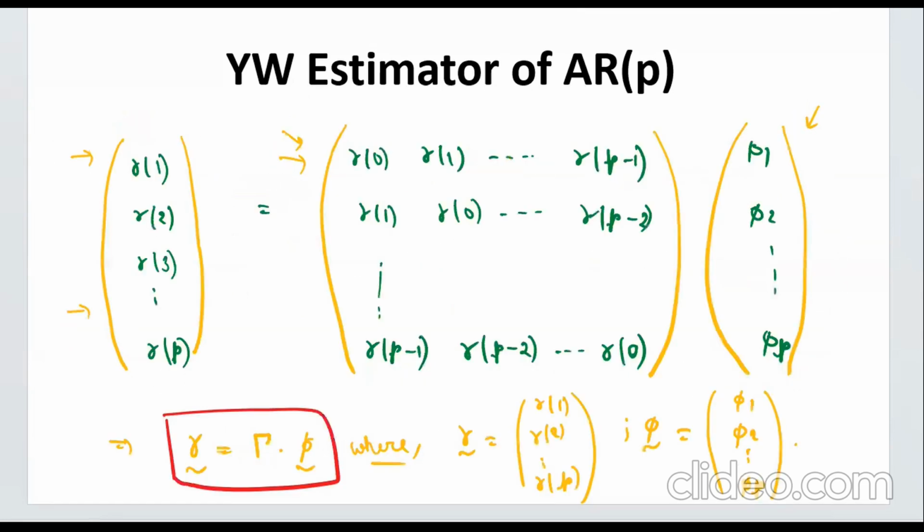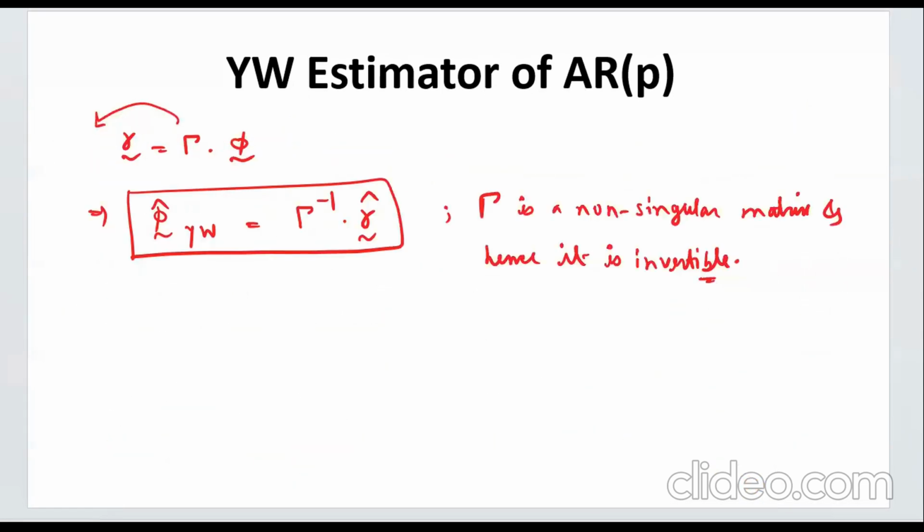So let's see. You have this expression. Once you equate that, taking the inverse, you can find out what will be phi cap, the Yule Walker estimates, where gamma curl cap will be the Yule Walker estimates for each of them.